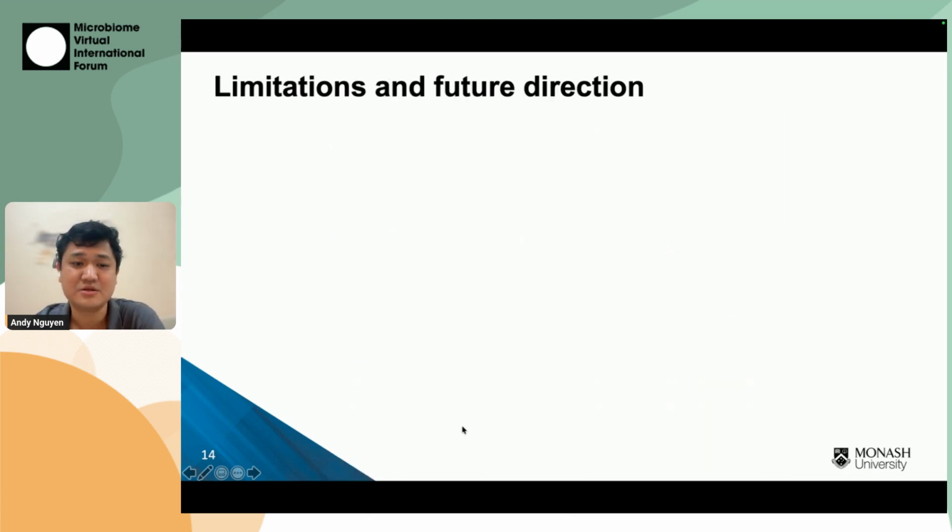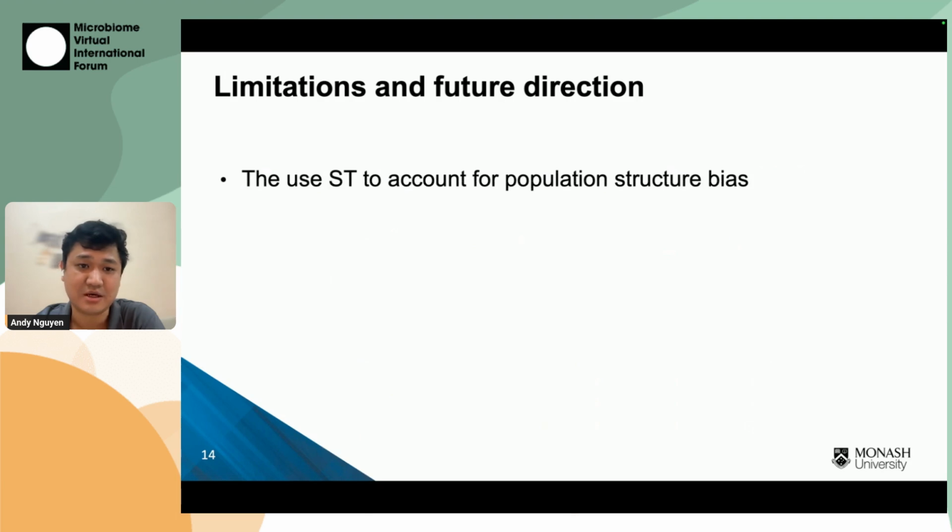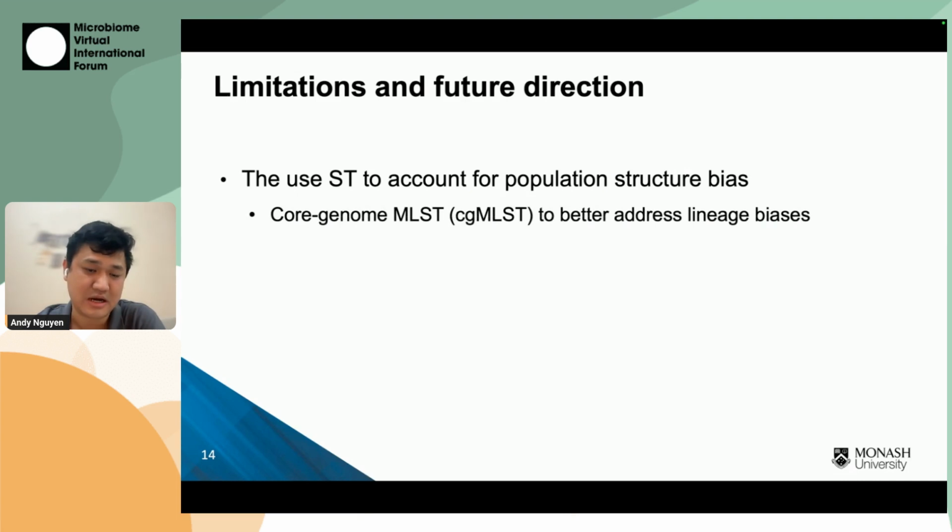As for limitations, first of all, we acknowledge that the use of sequence type to account for population structure bias is a bit simple. In the future, we might try to use core genome MLST to better address the lineage bias.